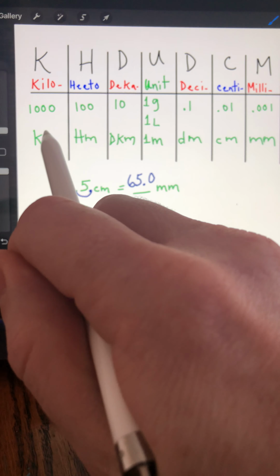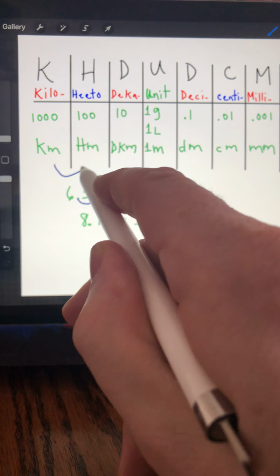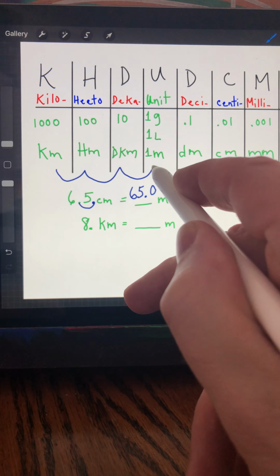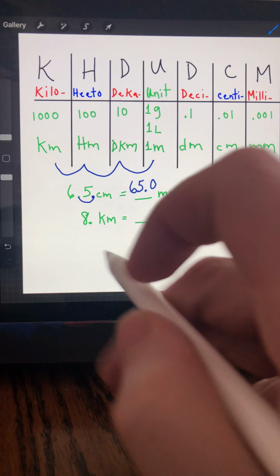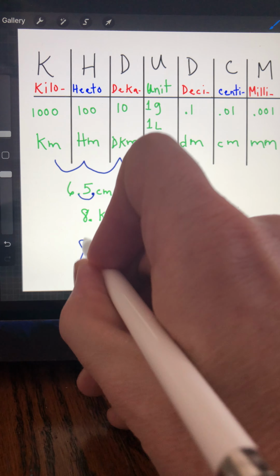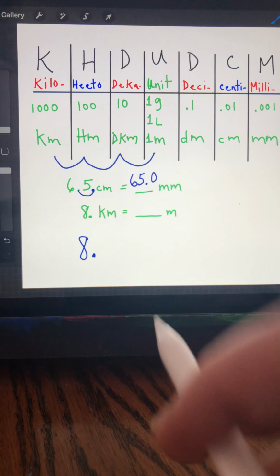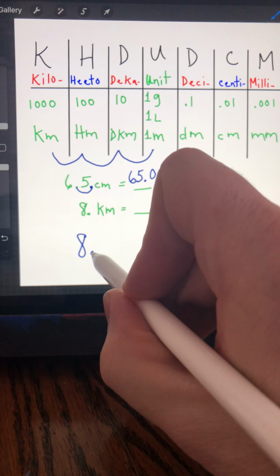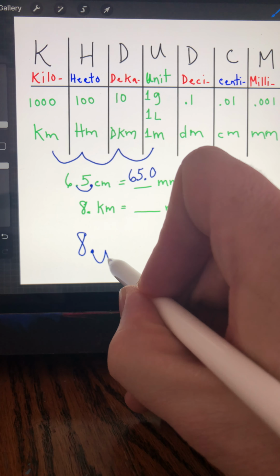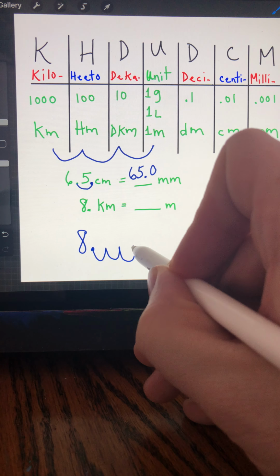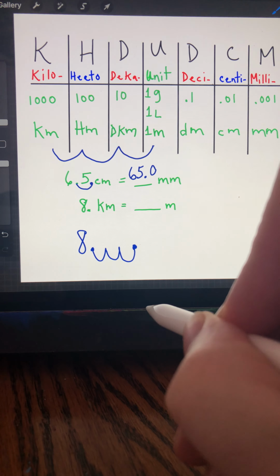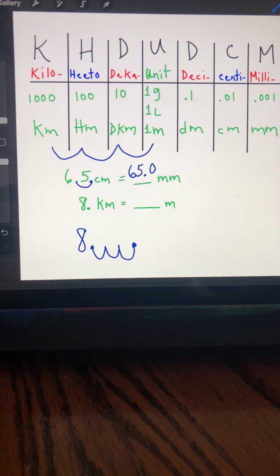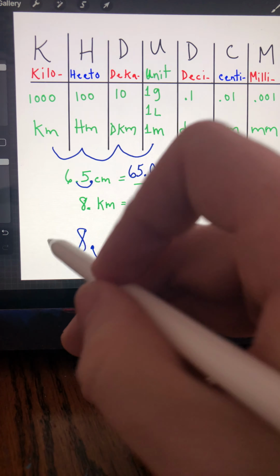Okay, so I made it. To get from here, 1 hop, 2 hops, 3 hops to get back to the meter. So I'm going to come down here, I'm going to take 8. My decimal was right there. I'm going to make 3 hops to the right. 1, 2, 3. This is the new place of my decimal. So my old decimal is gone. Goodbye.